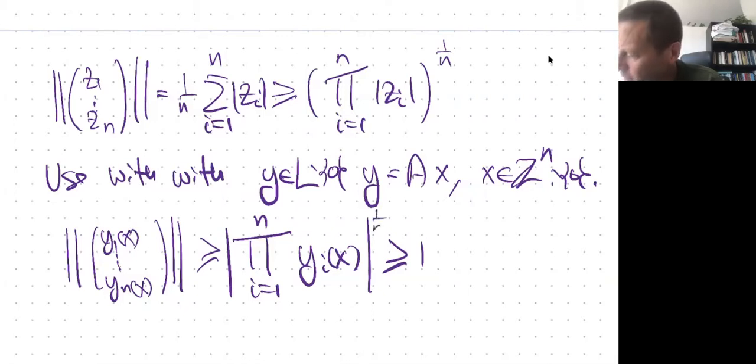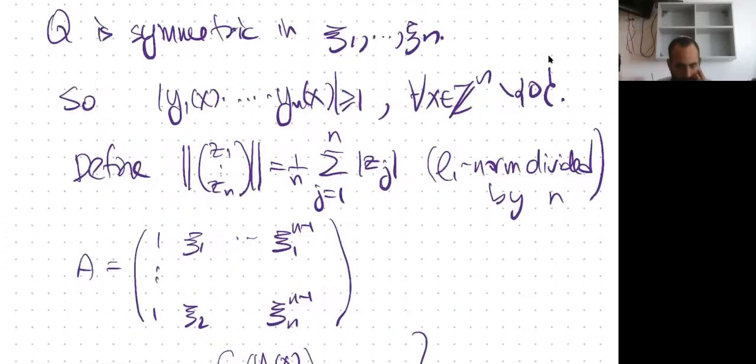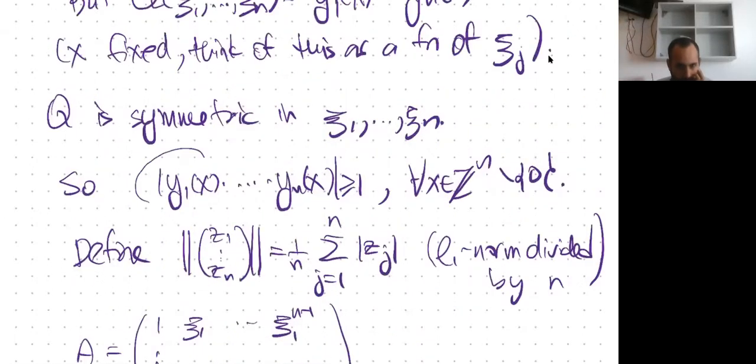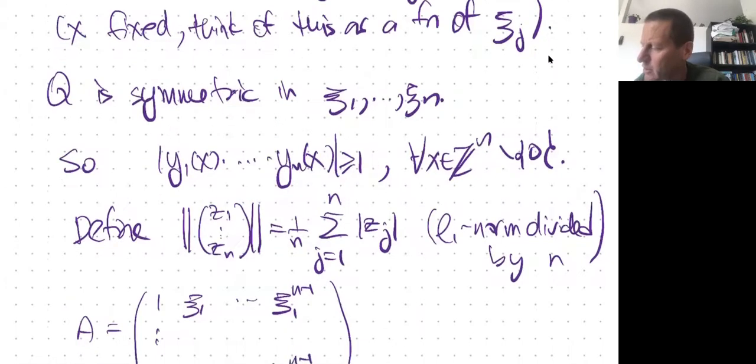But this is also greater than or equal to 1, because we already know that. So if you raise it to the power 1 over n, you also have the same inequality, so we get this.